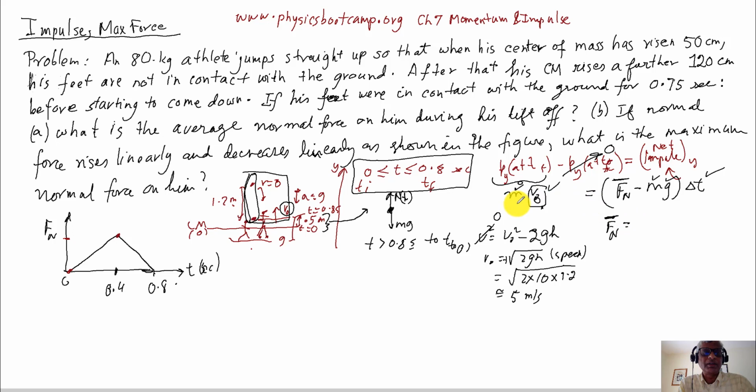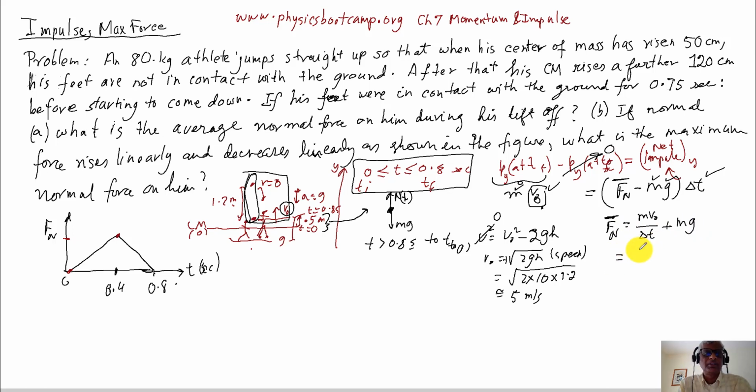So it's m v0 over delta t plus mg, and so you can see here the average normal force is more than the weight. Otherwise, how is he going to rise?